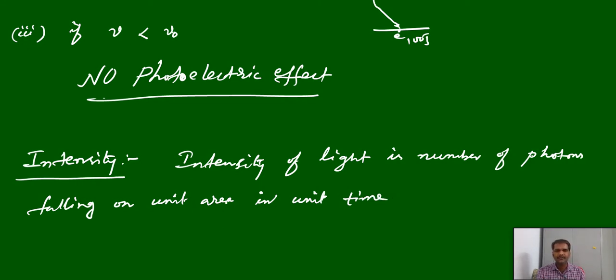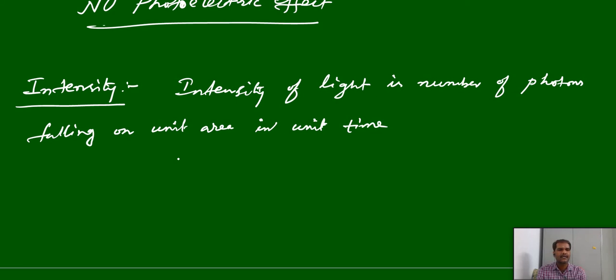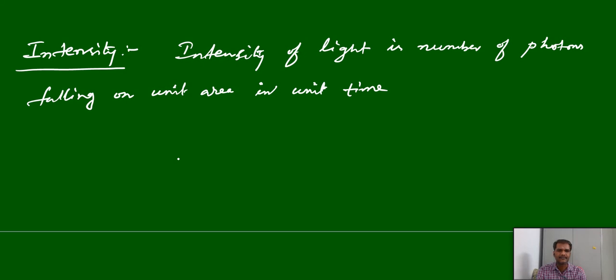In unit time and unit area, how many photons are striking? That can give its intensity. If more number of photons strike, we can say it has more intensity. If less number of photons strike, we can say it has less intensity.